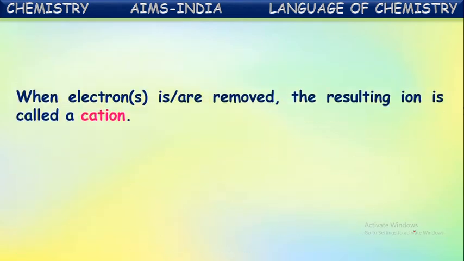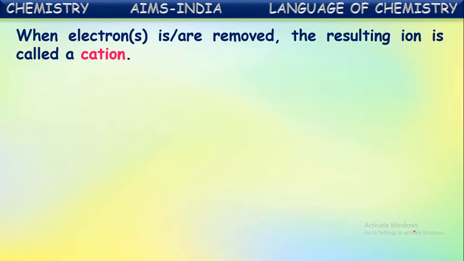Okay, next. When electrons are removed, the resulting ions are called cations. Yes, we said ions are formed either by losing electrons or by gaining electrons. Based upon this loss and gain, ions are of two kinds.